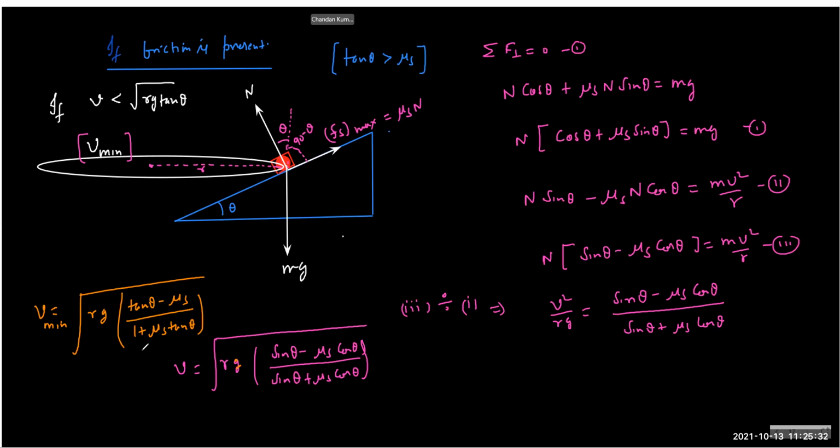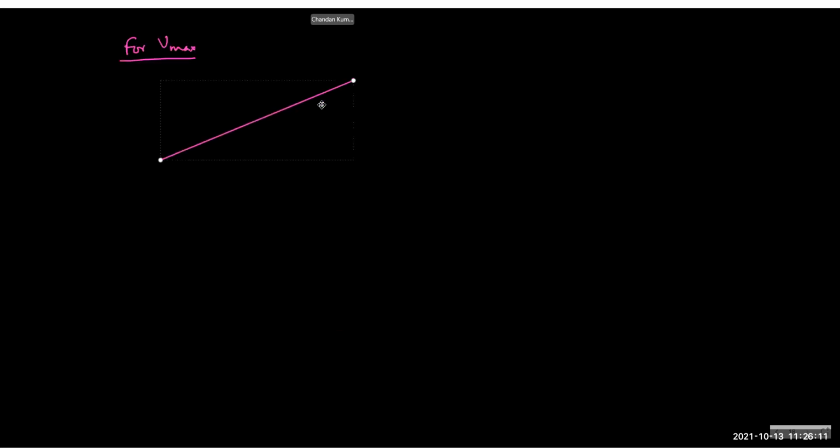So I hope this is okay. And similarly, if you want to move really fast, in that case the tendency will shift from down to up and friction will also reverse. So instead of acting up the plane, friction will start acting down the plane. So for Vmax, you just shift the direction of friction.